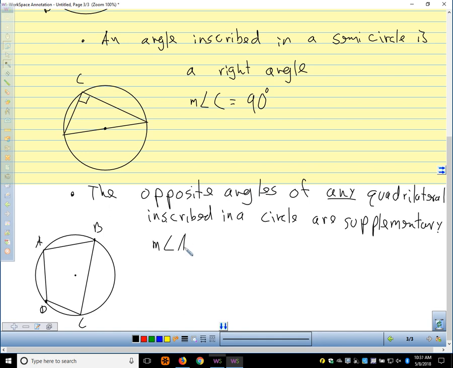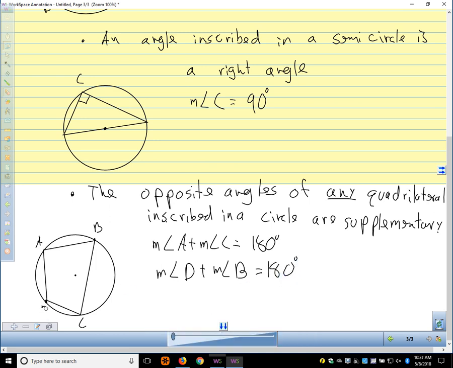Measure of angle A plus the measure of angle C is 180, and the measure of angle D plus the measure of angle B equals 180. And this makes sense because if I look at the arc intercepted by angle A and the arc intercepted by angle C, together they make up the whole circle, 360 degrees.